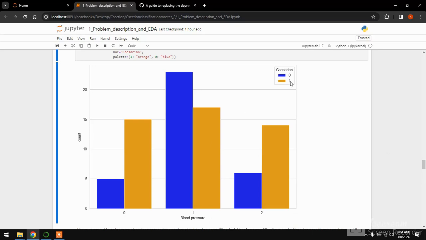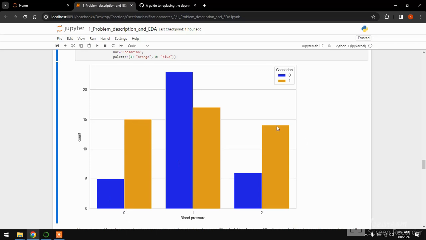However, people that deliver through C-section with a normal blood pressure are also relatively high. These are just comparisons of what really might take place.